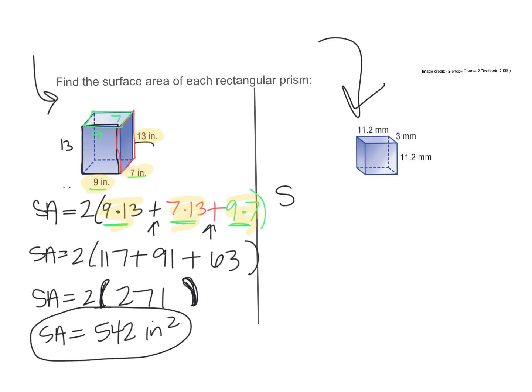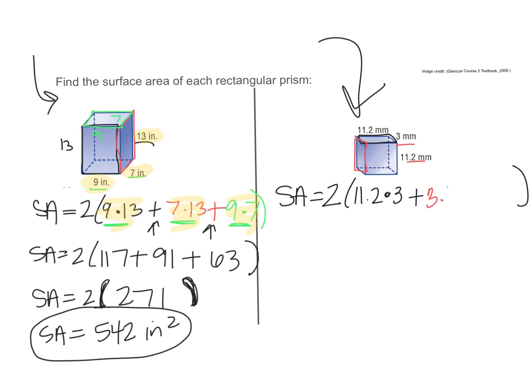So the surface area is going to be 2 times, and then this big old thing. So we're going to do 11 and 2/10 times 3 for that one right there. And then this right here is going to be 3 times 11 and 2/10 again.